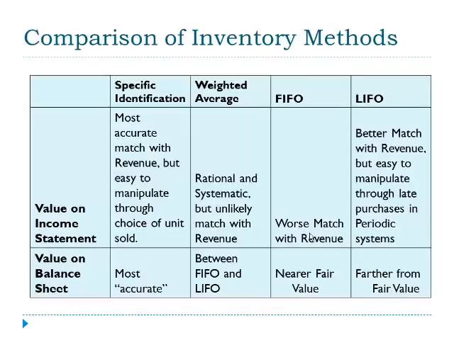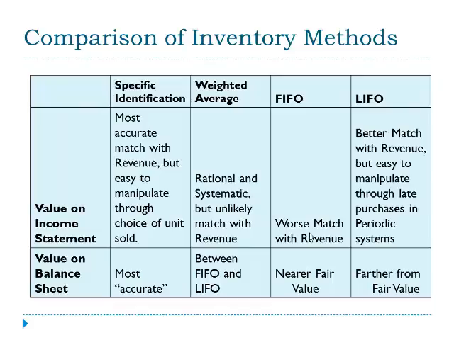Here's a comparison of the inventory methods we've studied. Based on the value on the income statement, specific identification is apparently the most accurate match with revenue, but it's also easy to manipulate through the choice of the units sold. Weighted average tends to be very rational and systematic, but it's unlikely to be the best match with revenue.